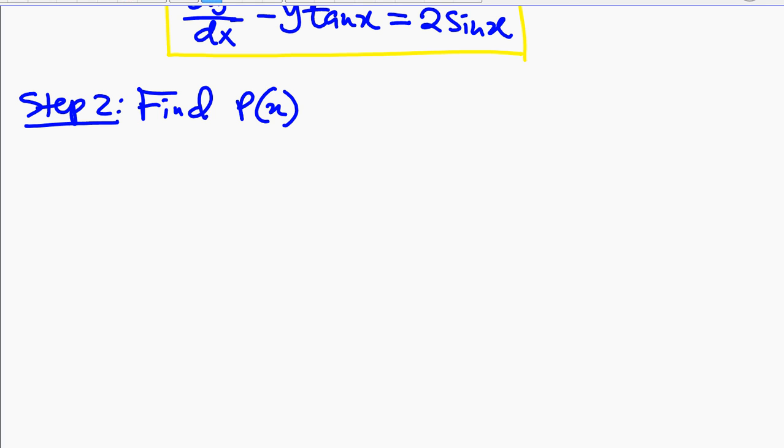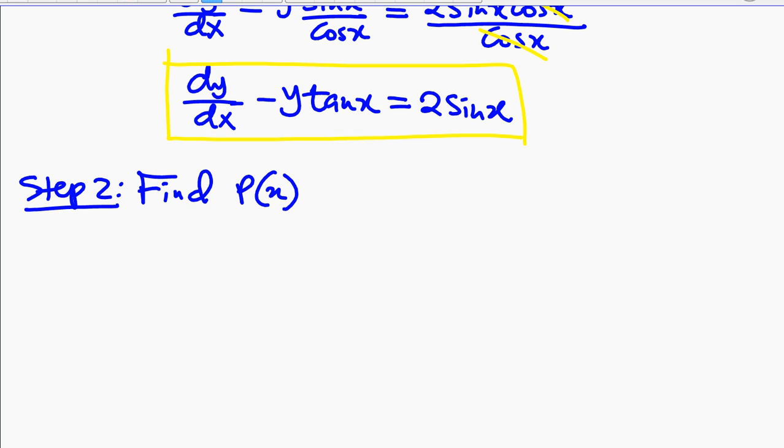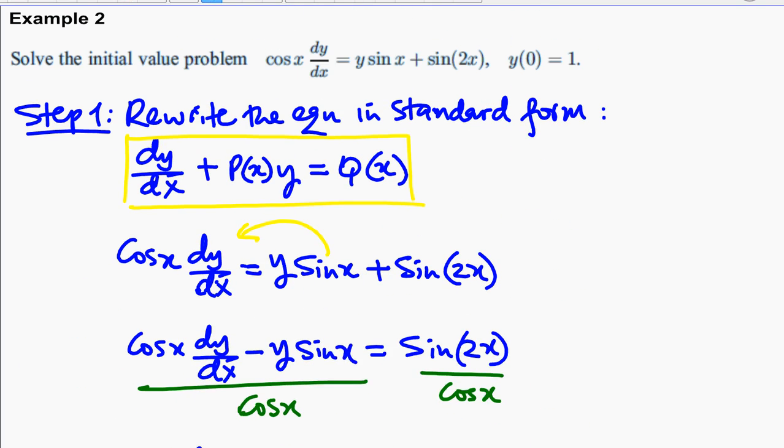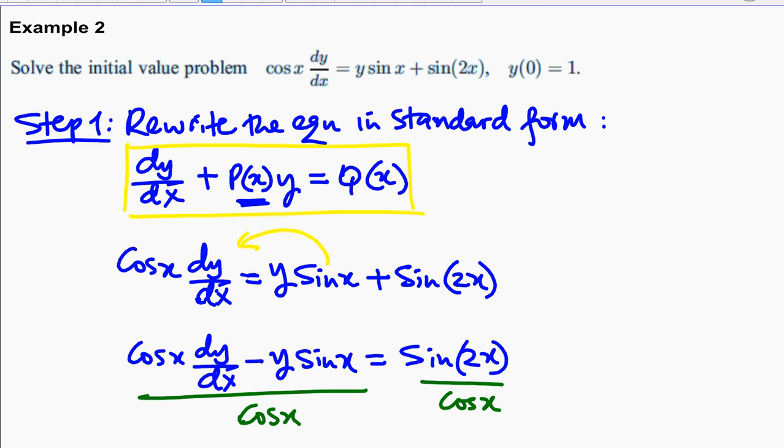Now p of x is just this bit, all right, tan x but with negative. So p of x will be equal to negative tan x. The best way to find that is just compare it with the original formula in standard form, all right? If you compare it with the original formula here, you can see what p of x is.